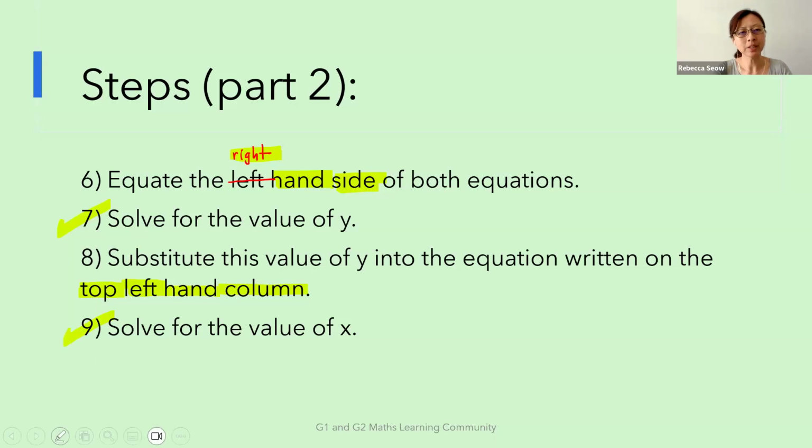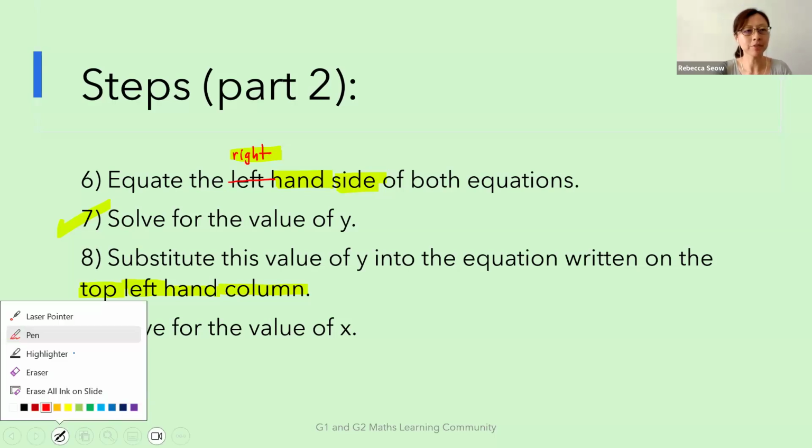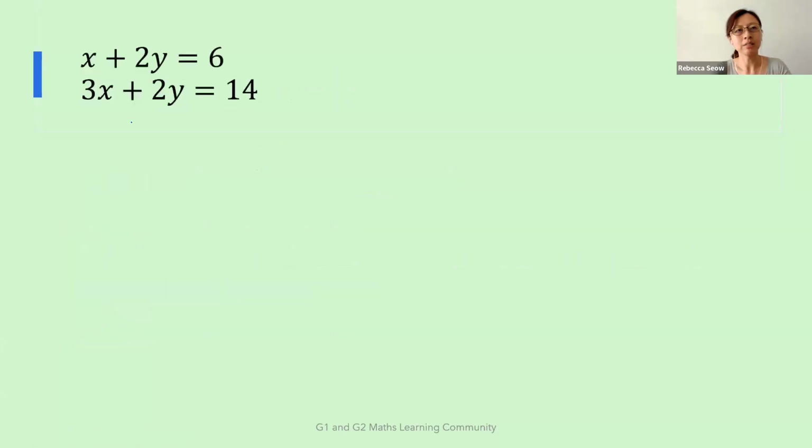Let me go into a few questions so that you can better understand where I'm coming from. This would be a typical question, and I have taken this from the Maths 20/20 textbook from G1. All right, so we have one equation at the top and the second equation at the bottom.